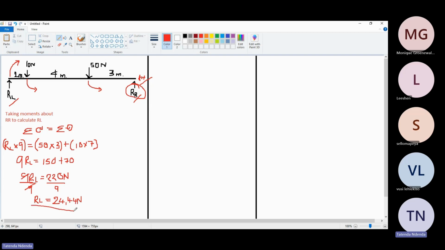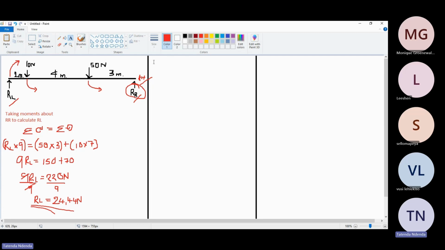So is there anyone who has a problem on this part before we move further? I think that no one is having a problem. If you have a problem, guys, don't be hesitant. Just say, I'm having a problem, then you can try to assist each other.